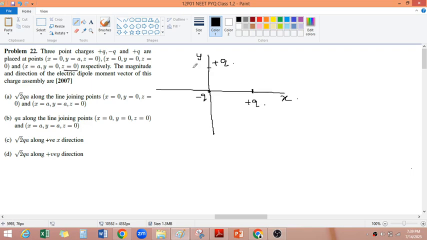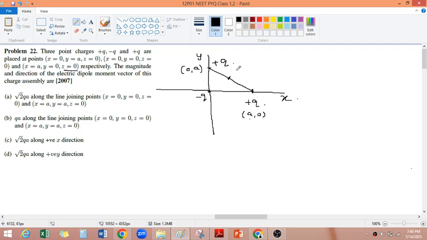So this is 0 comma a, this is a comma 0. I would assume that the center of the plus charges is somewhere in the center here, on the y is equal to x line. So I think it will be somewhere in this direction. The center is going to be half of this and half of this.